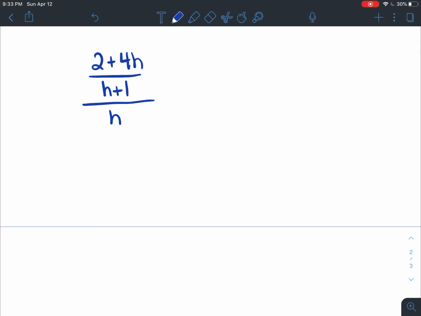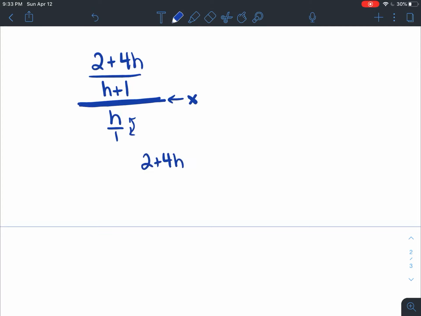Let's say you have that crazy fraction. You need to know how to rearrange that. So if you have a fraction divided by a fraction, or a fraction divided by a whole number, whatever, you can always change this division sign to a multiplication by flipping your second fraction, if that's how you want to think about it.